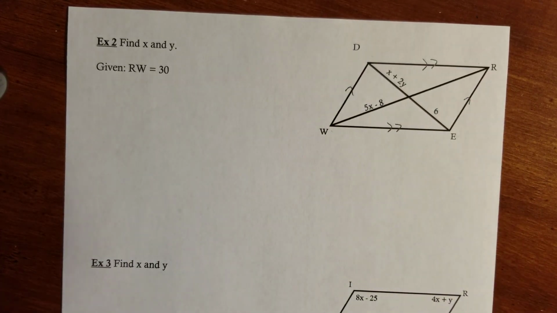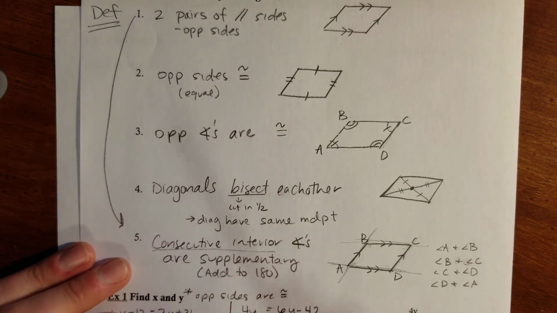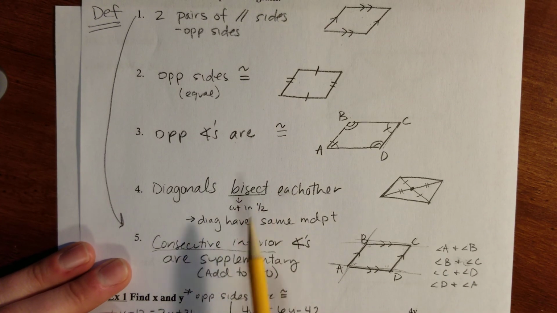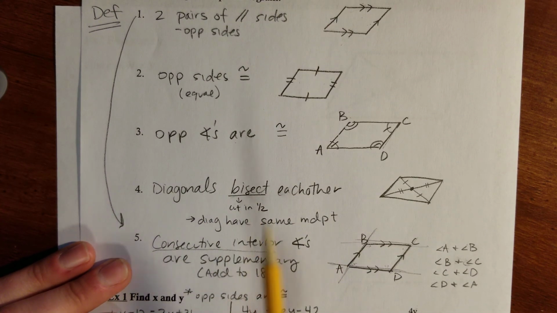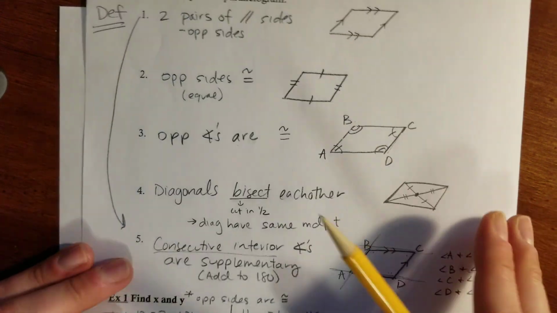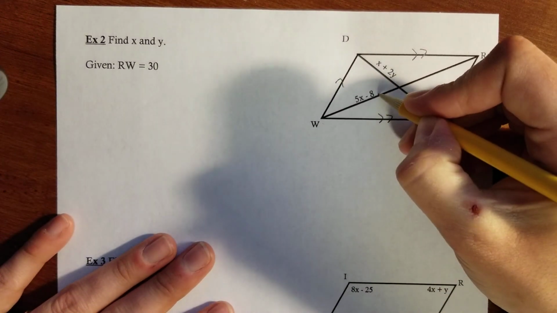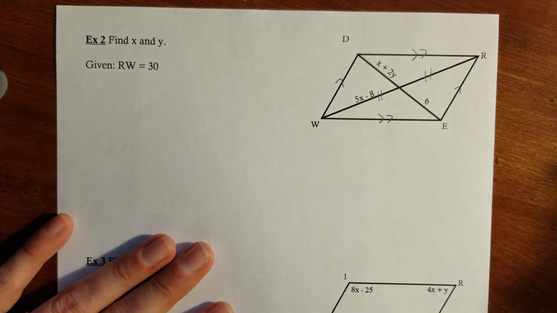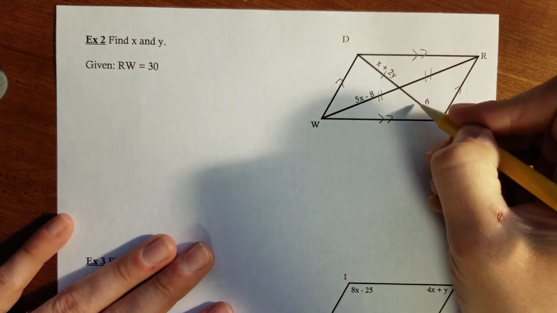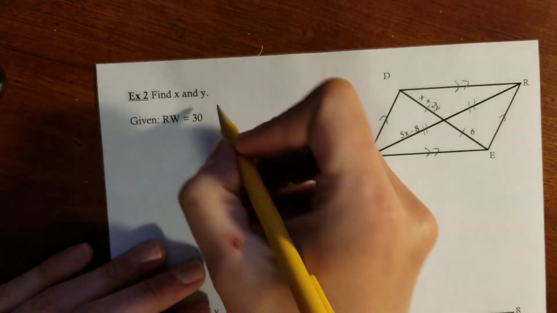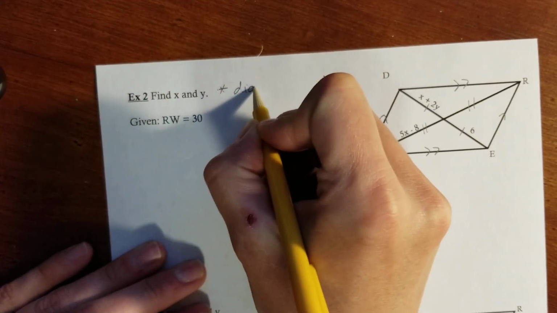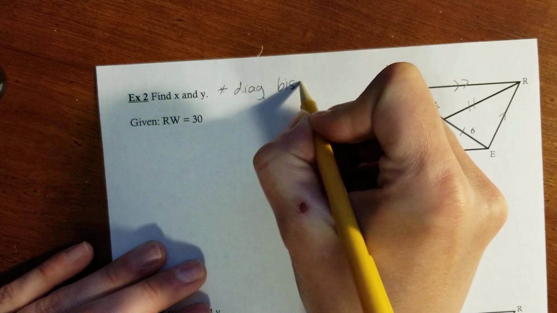And if you remember from our properties, the diagonals bisect each other, which means they're going to cut each other in half. So the two halves of those diagonals are going to be congruent. So this guy and this guy will be congruent, and this guy will be congruent. So we're going to use the property the diagonals bisect each other.